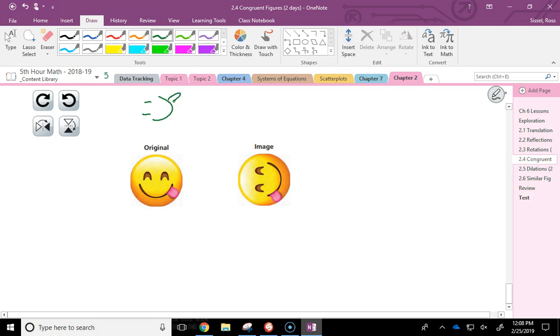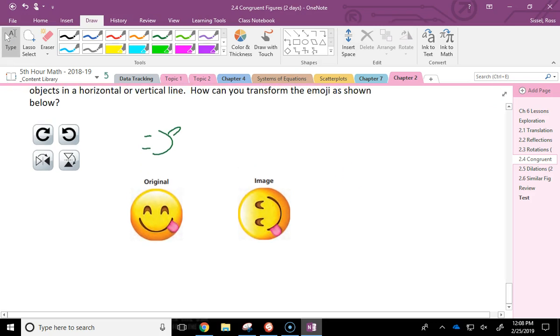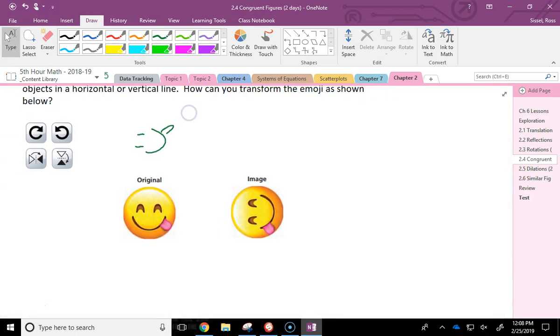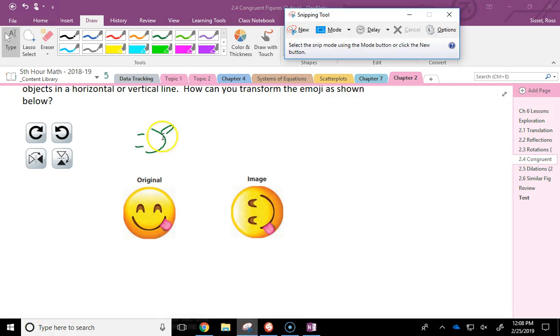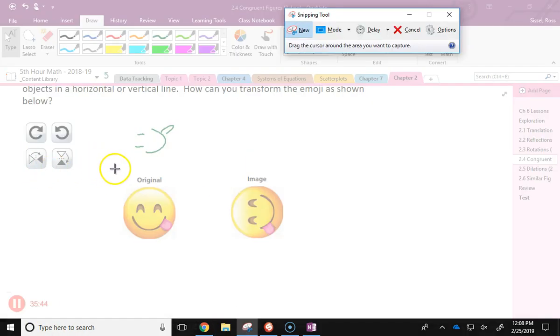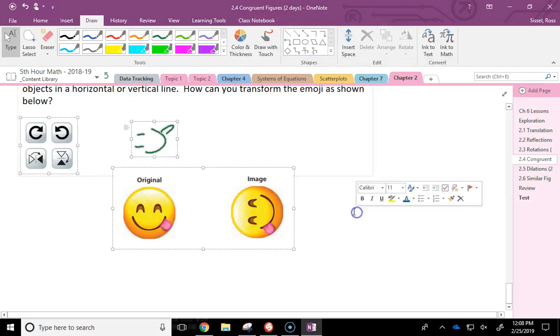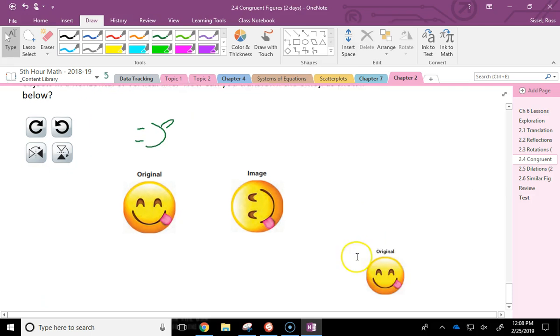Wait, how's the tongue on that? The tongue is totally blacked out. It wouldn't matter because, watch this.